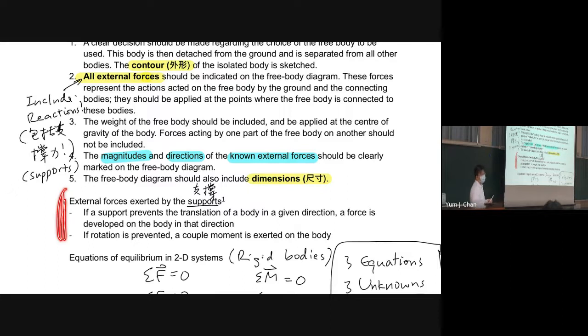We have 2 rules. The first rule is if a support prevents the translation of a body in a given direction, a force is developed on the body in that direction.